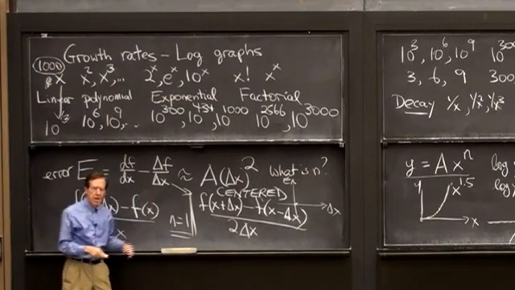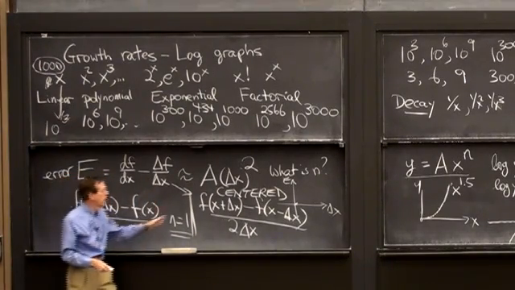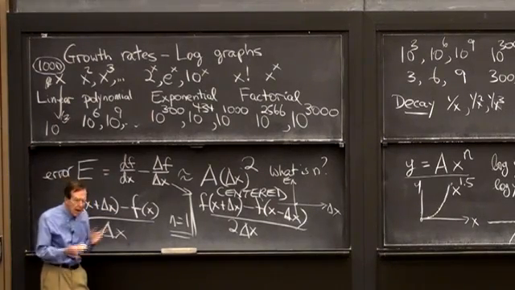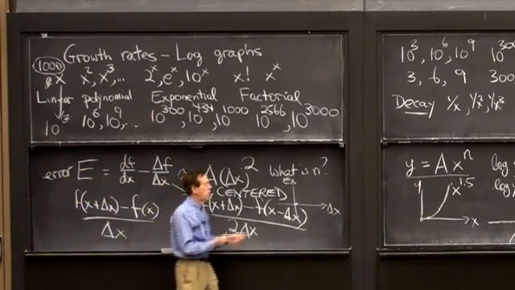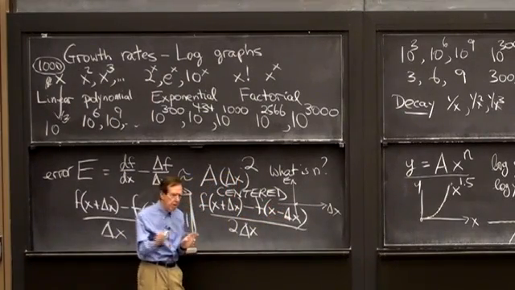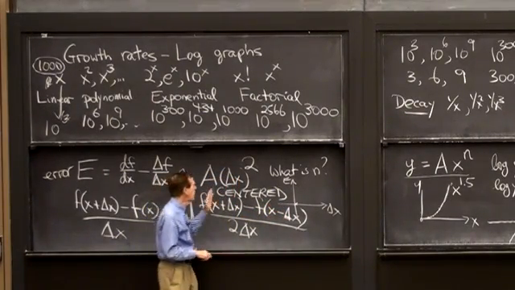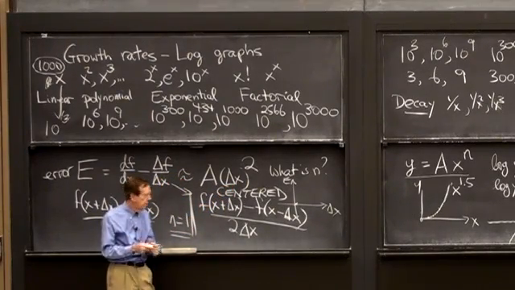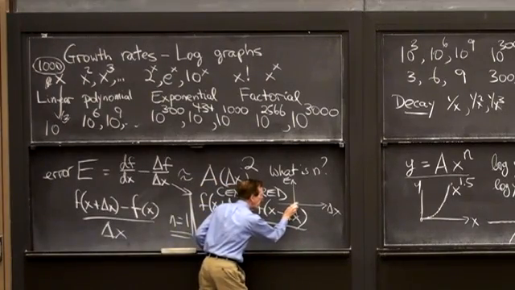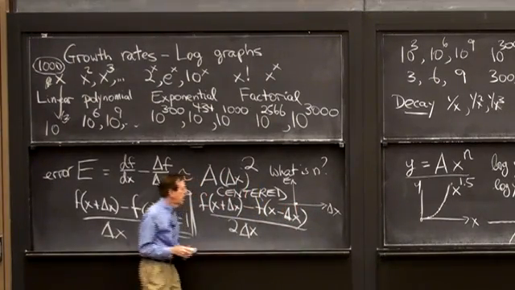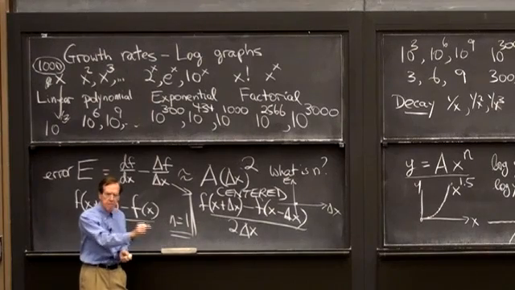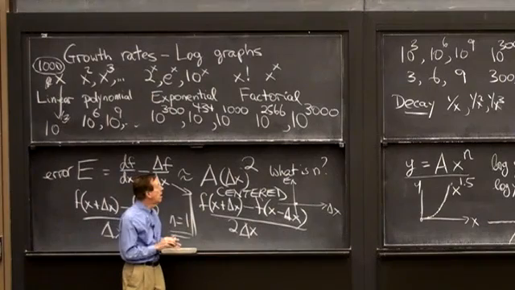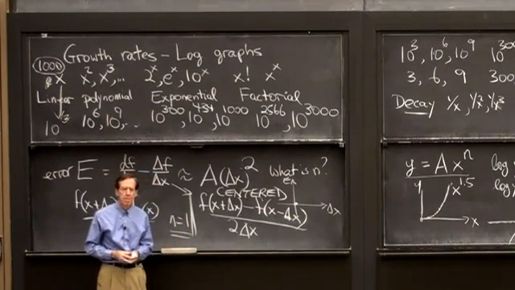The accuracy is way, way better for center differences. And the point about the log graphs is if I plot those points on a graph, I would see that slope of 2 in the log-log graph. In an ordinary graph, it would become invisible as delta x got small, but on a log scale, I'd see it perfectly.